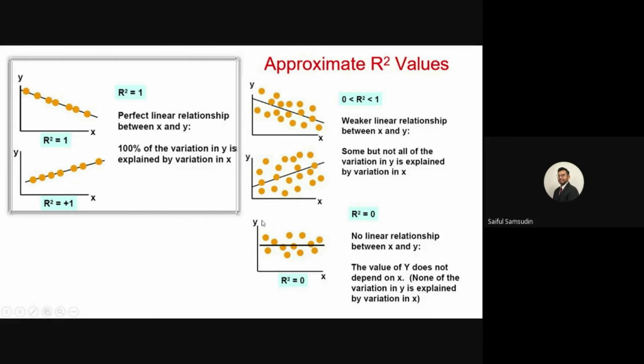Alright, okay. So this means if you have data but there is no relationship at all. For example, you have house price, but you want to know the relationship between house price and the size of a car. There is no relationship at all. It's the same with your data.